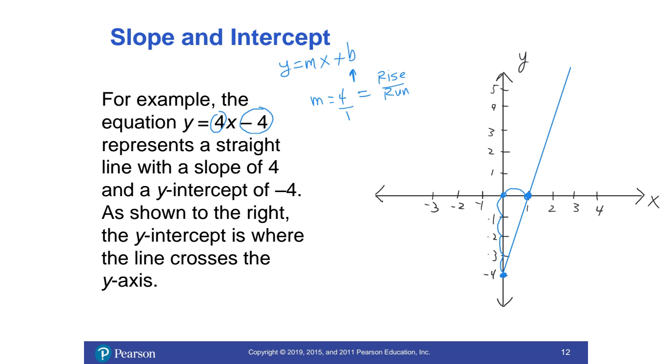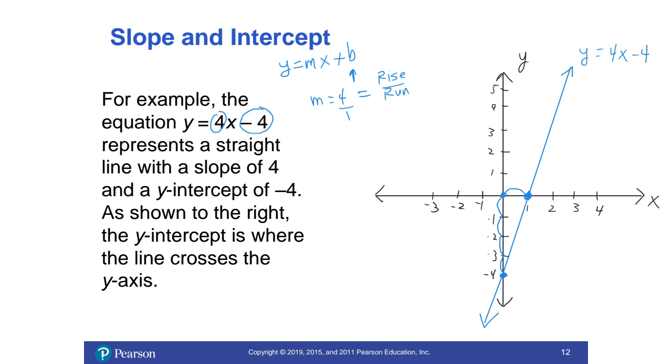And to extend it, I'm going to just do this. So pretend those match up, okay? But that is the line that passes through those 2 points. So this is my line, y equals 4x minus 4.